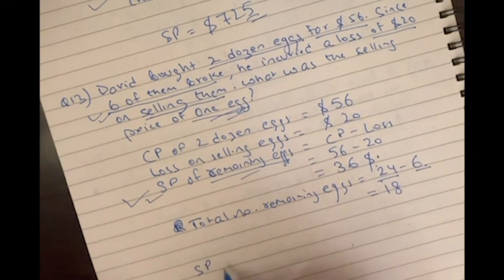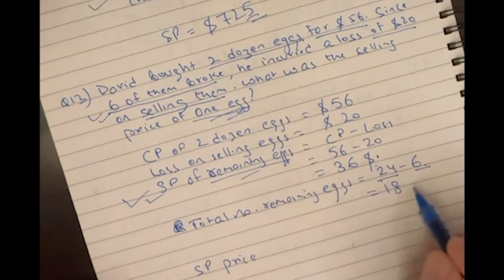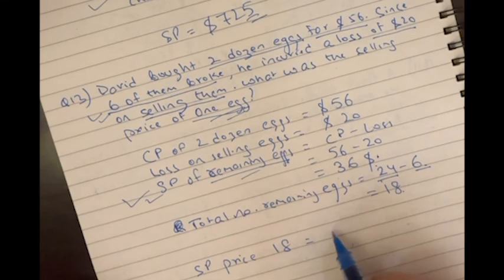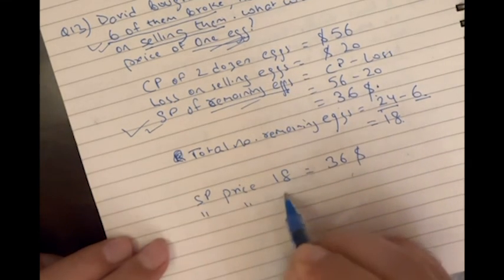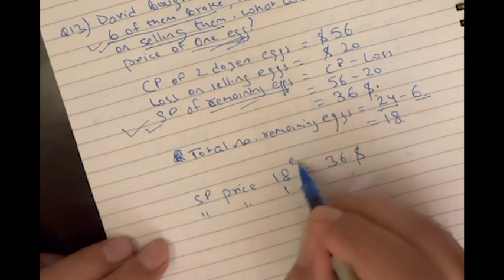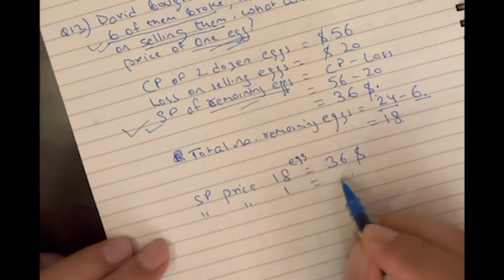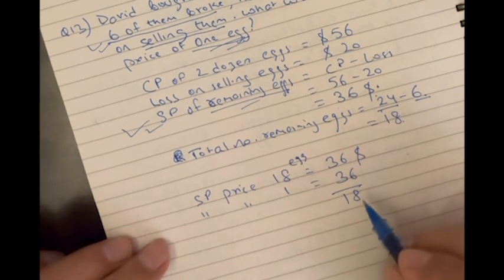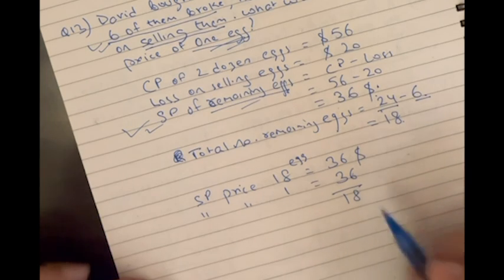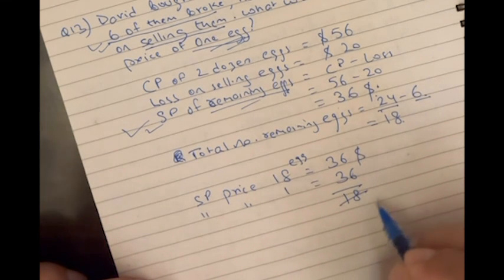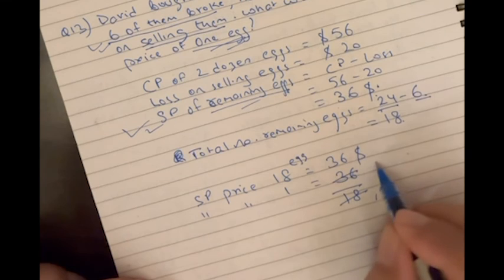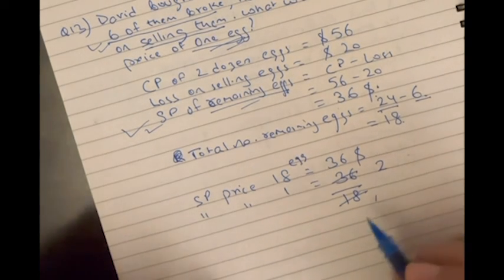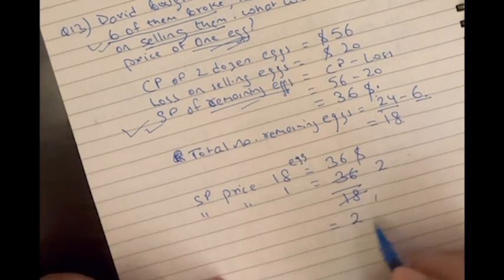So selling price of remaining eggs, which is 18 in number, is equal to $36. Selling price of one egg is equal to 36 by 18. When you do the maths, 18 times 2 is 36, and this will be $2.